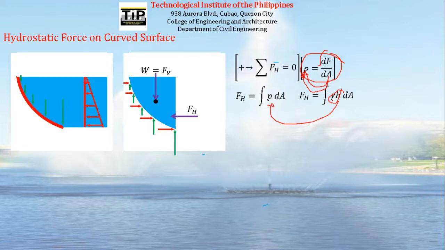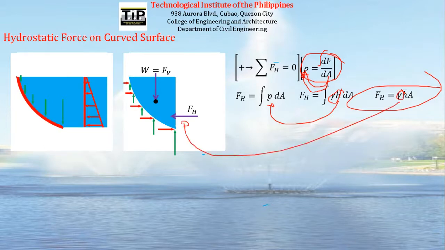Integrating gamma h dA will become gamma h bar A, in which gamma is the unit weight of the fluid, and h bar is the middle height of this fluid from the top.